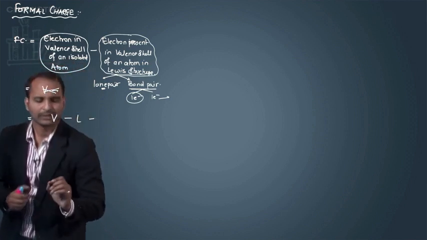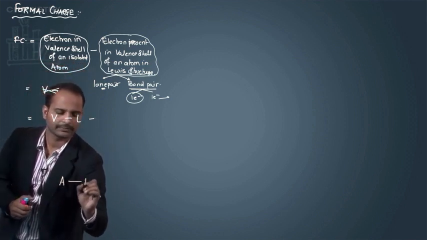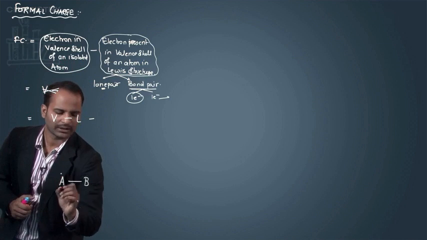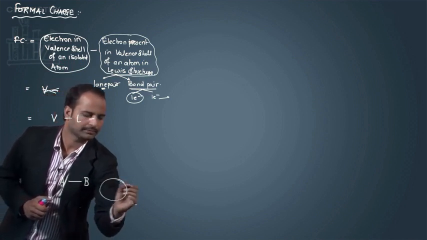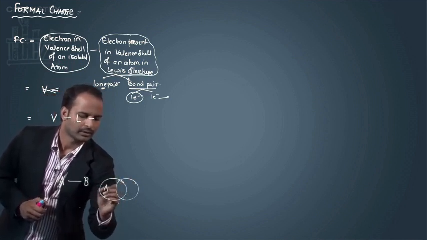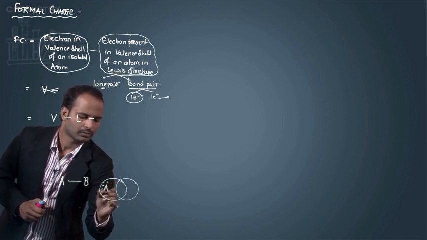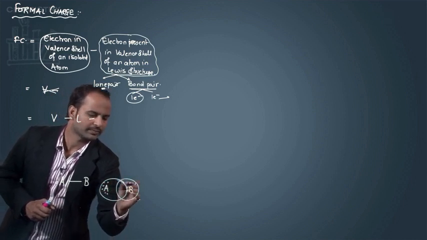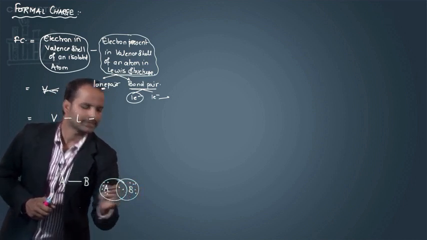For example, suppose I write A and B. The structure is something like this, A and B, and there is an electron pair shared.